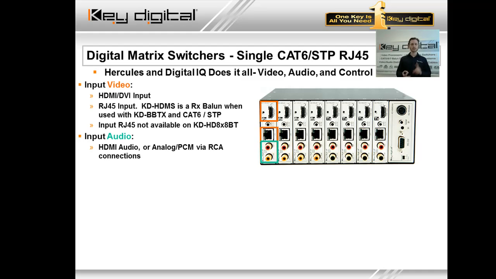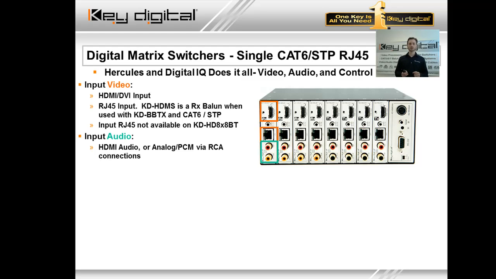Audio, of course, the HDMI connection supports both video and audio, as does the RJ45 through the balun, but you also have RCAs on the input side with these parts, Hercules and Digital IQ. Huge advantage here. Let's break it down again by application type. In a residential application, this presents a huge advantage.